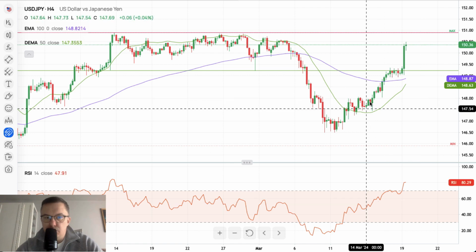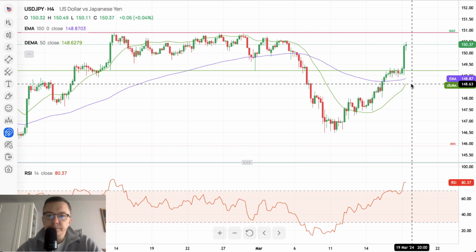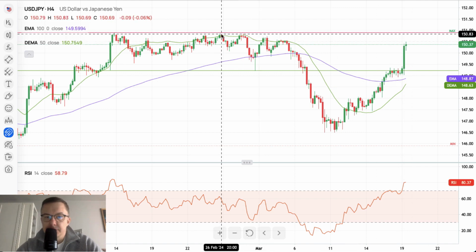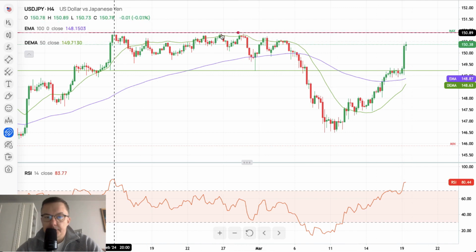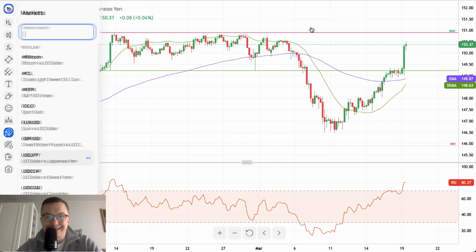Yes, we are trading above the 150 period moving average as well. So as soon as the 150.89 technical resistance level is hit, the bulls will have the chance to break above it and then, of course, move even higher. So that's the US dollar to the Japanese yen.